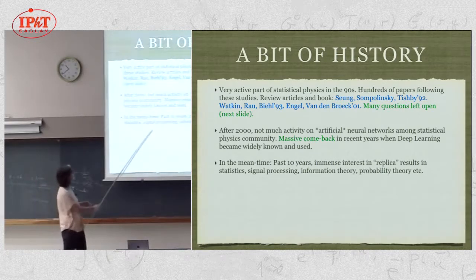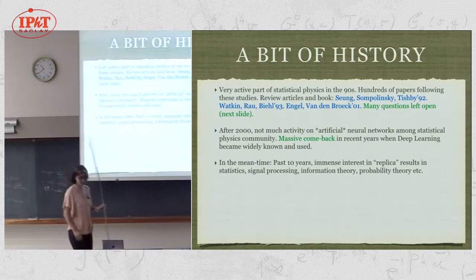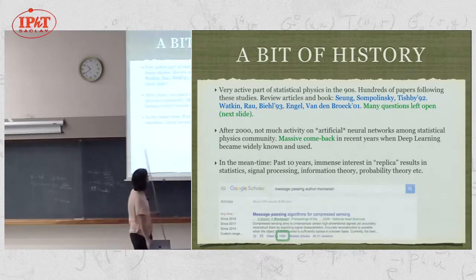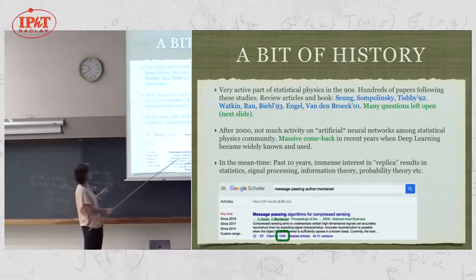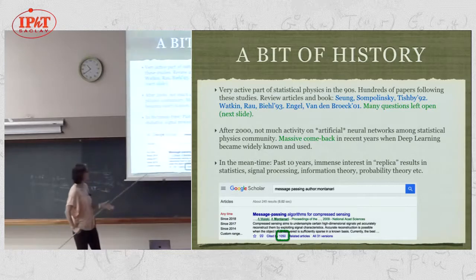In the past, say, 10, 20 years, there was immense interest in the results of the replica methods in other fields, such as statistics, signal processing, information theory and probability theory. If I should pick one paper from that period, it would probably be this one by David Donoho, Arian Maleki and Andrea Montanari on message passing for compressed sensing. Just look at the number of citations.